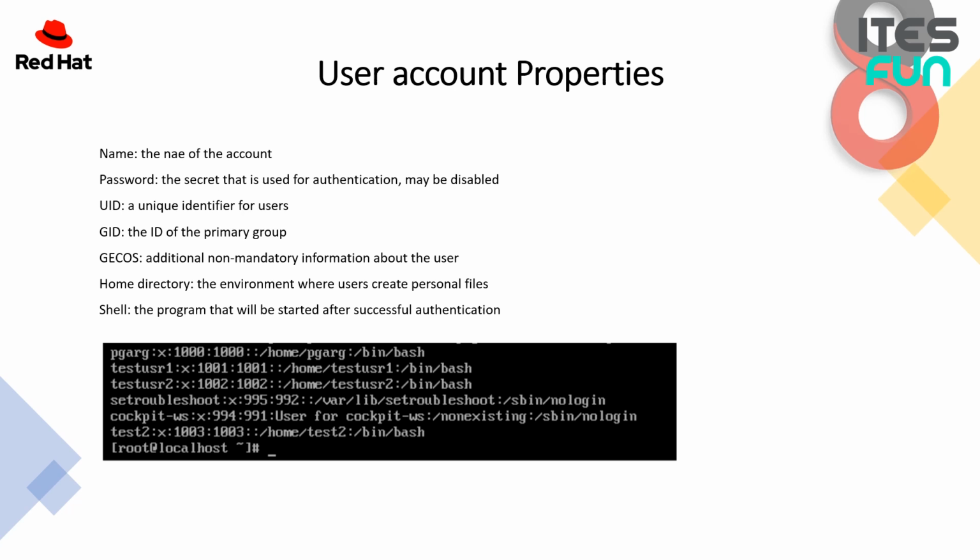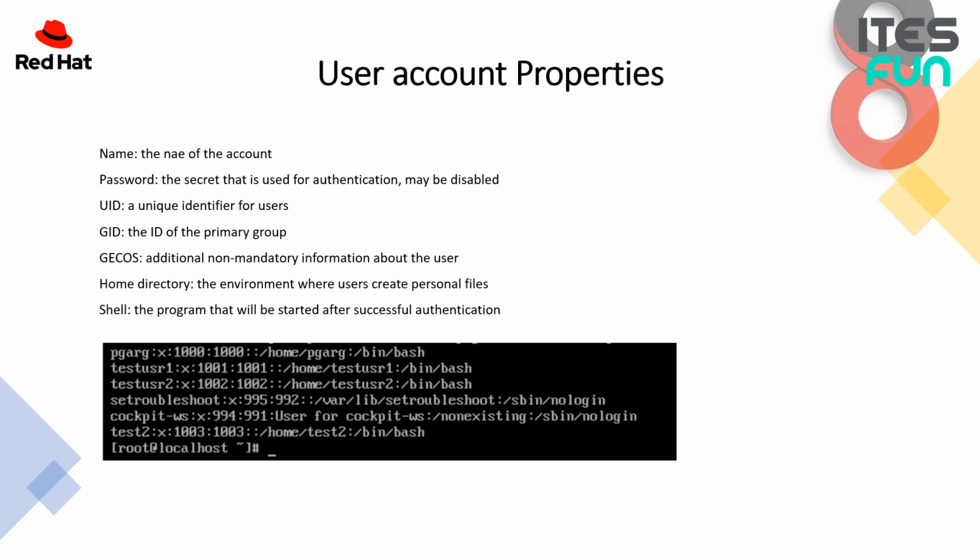Then there is what we call GECOS, which is additional non-mandatory information about the user. In the sample code on the lower part of the slide, you can see that there is something in the GECOS field for user accounts, which is just text, the username.